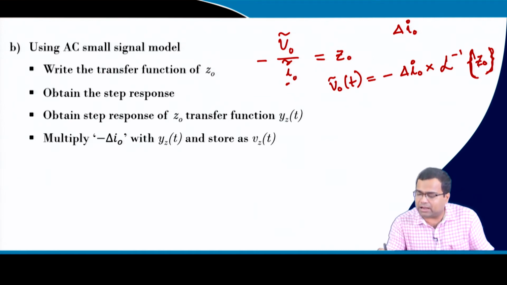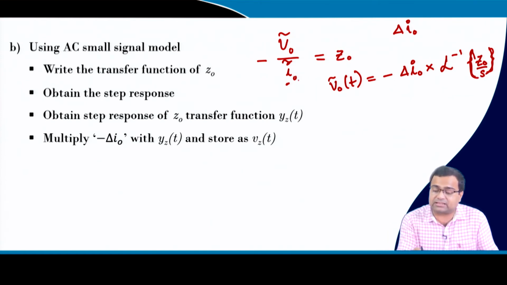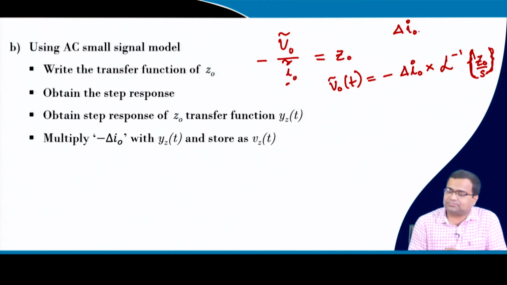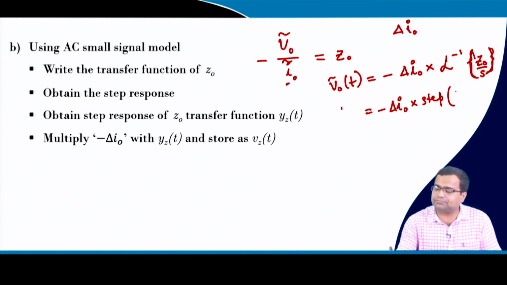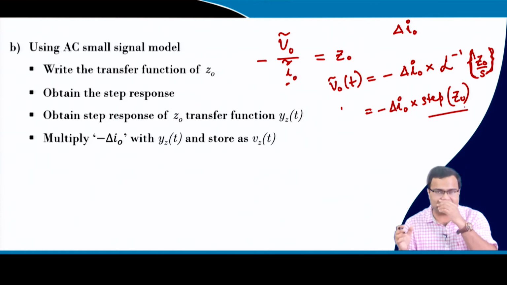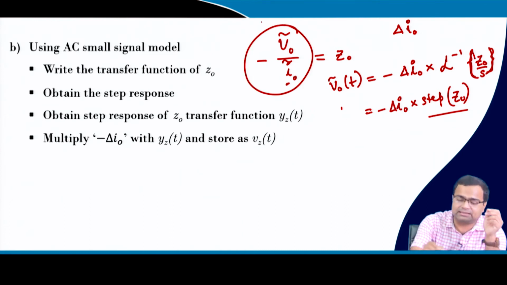If we want to do Laplace, you need to put S, because for the step response, the Laplace transform will be delta I0 by S. In MATLAB, it is nothing but minus delta I0 into the step response of Z0, because it is the unit step response, as if you applied a unit load step. This negative sign is coming from there.